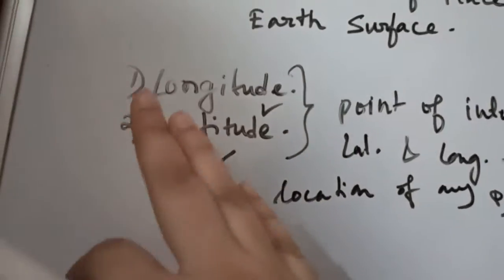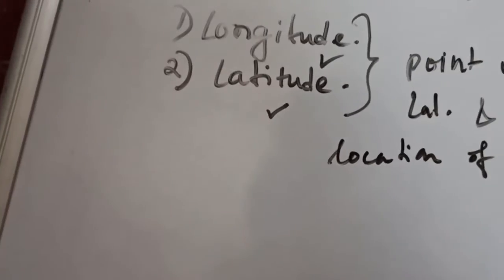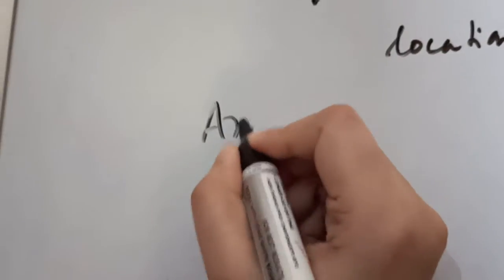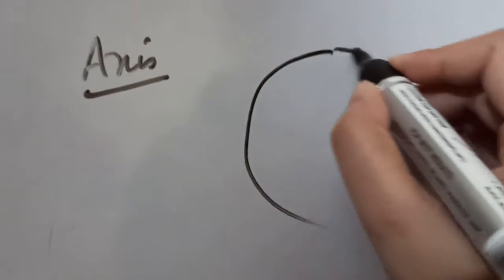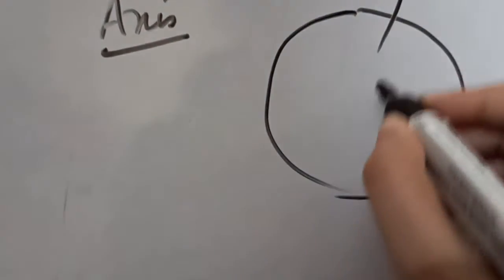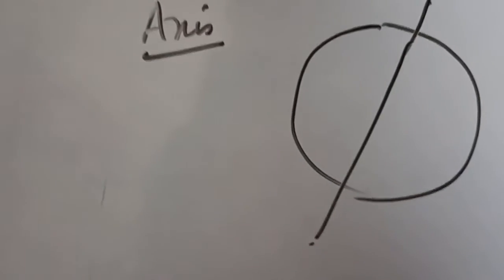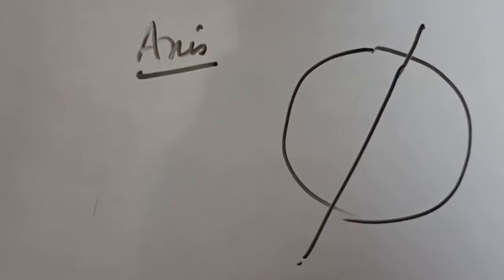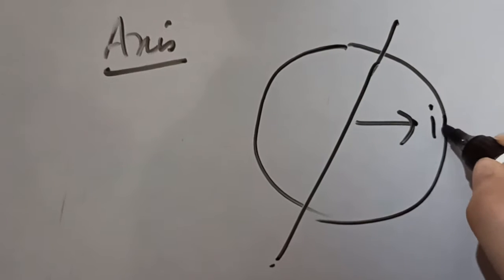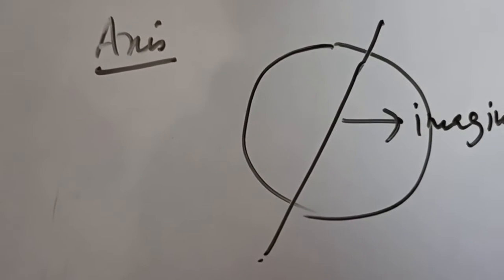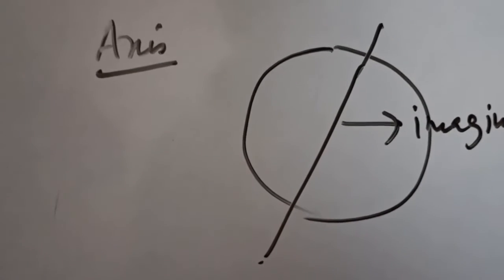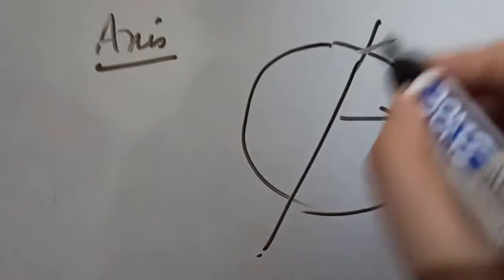Before going into details about the longitude and the latitude, let us start first with the axis of the earth. What is the axis of the earth? The earth's axis is an imaginary line which joins the two poles.